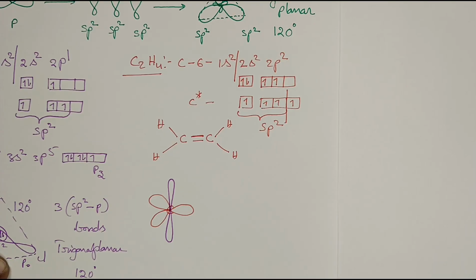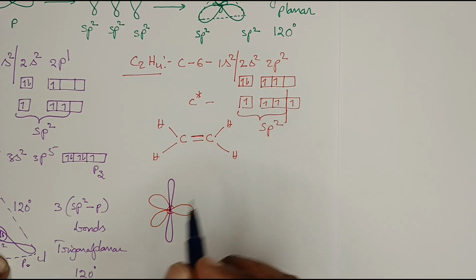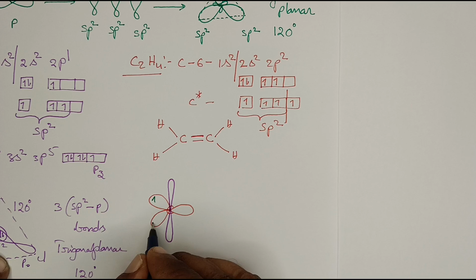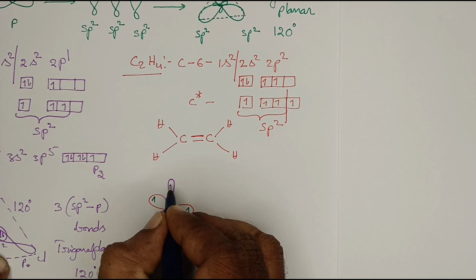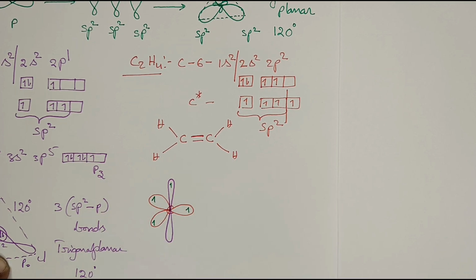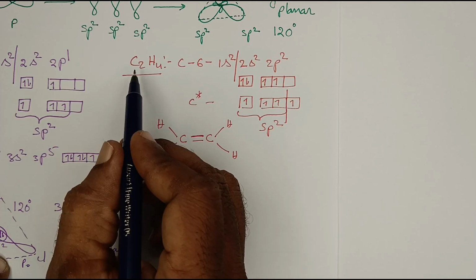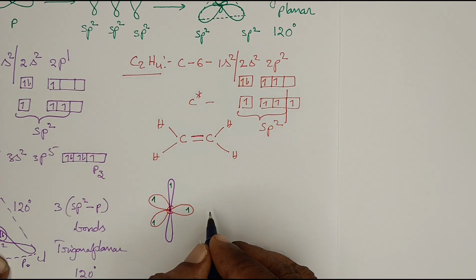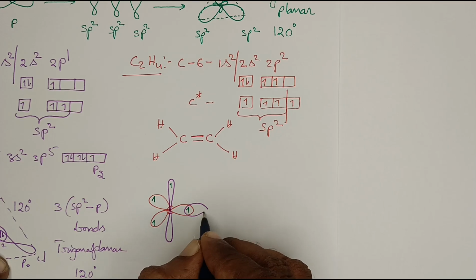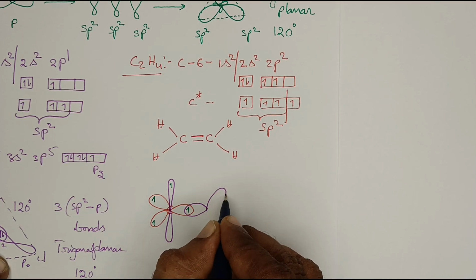So each orbital contains one electron each: 1, 1, 1, and 1. In C2H4 there is another carbon. In the other carbon also the hybridization will be the same, sp2.